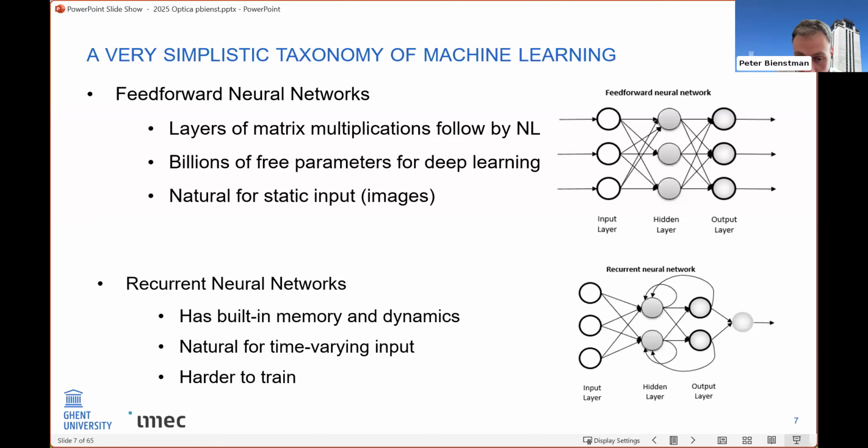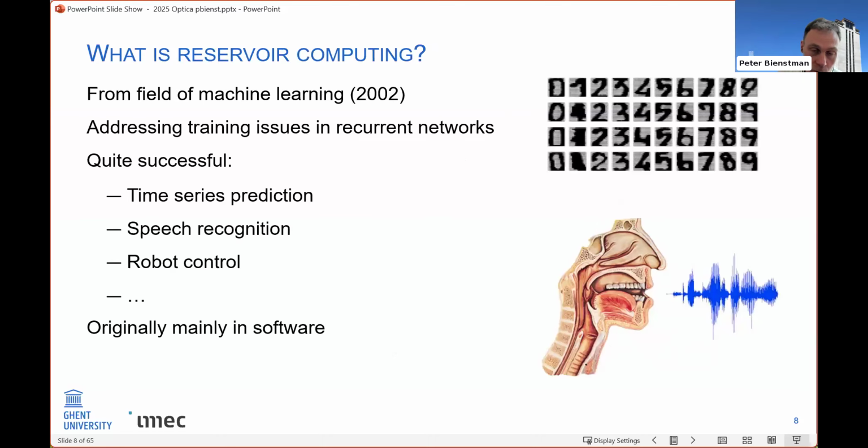Now, because originally these things were quite hard to train, and now we're talking about more than 20 years ago, people have been looking at alternatives to use these recurrent neural networks by tweaking the training mechanism. And this is where reservoir computing entered the scene. So it turned out originally to be quite successful in things like speech recognition, robot control, all sorts of time series processing things.